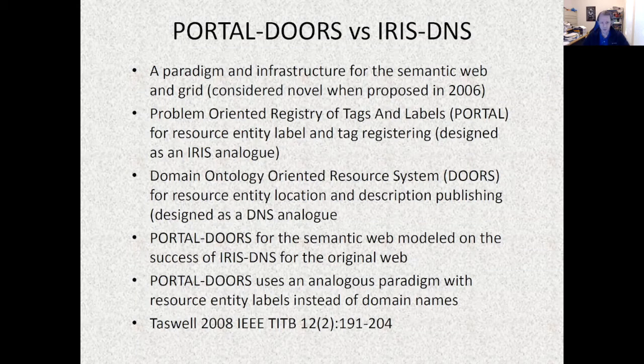And the original phrases that led to the acronyms were problem-oriented registry of tags and labels as an Iris analog, and domain ontology oriented resource system as a DNS analog.